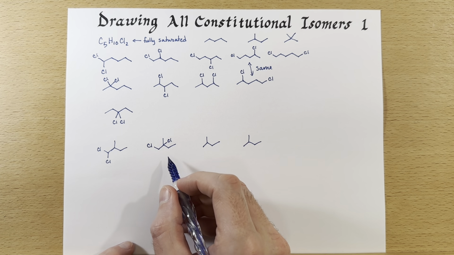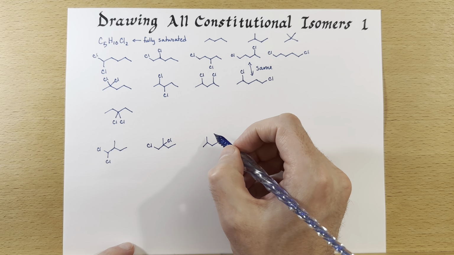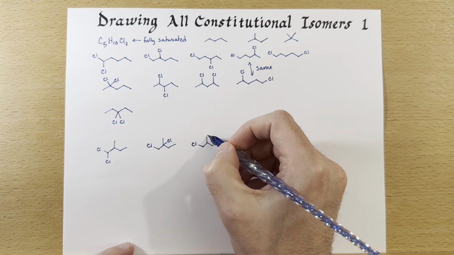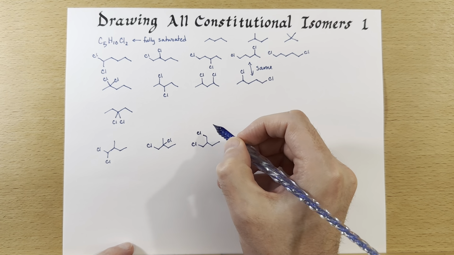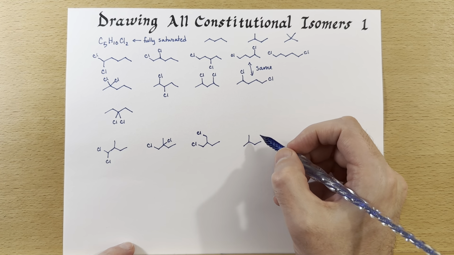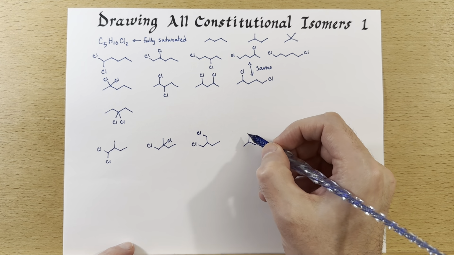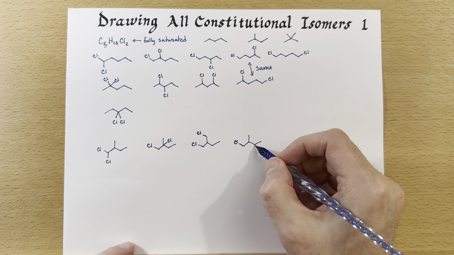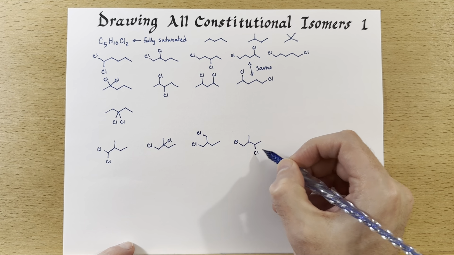So we have 1,2-dichloro, 2-methyl butane. We can put the other chlorine on the substituent. So we're going to have a little bit of a symmetrical molecule there. We can put the chlorine on the third carbon.